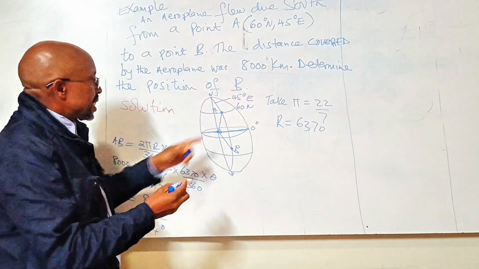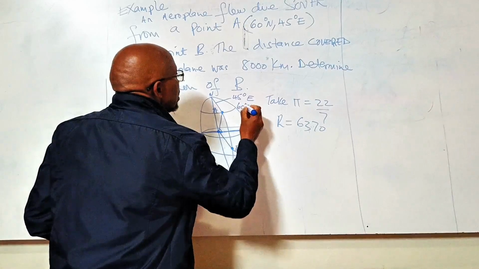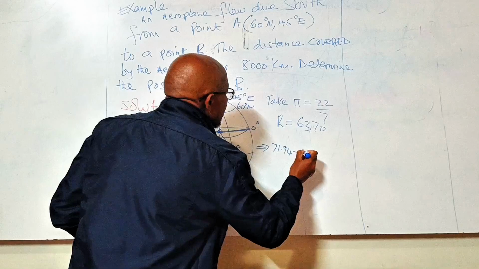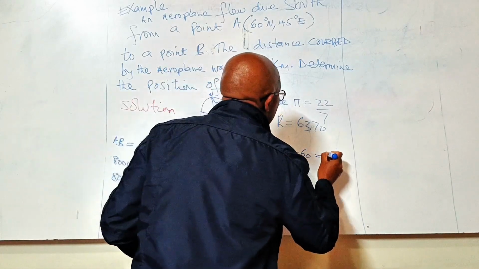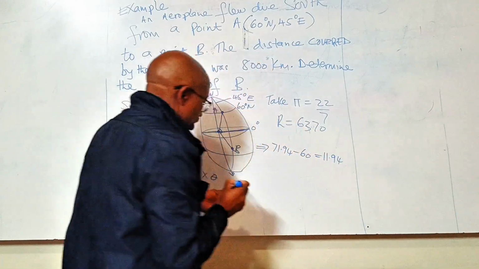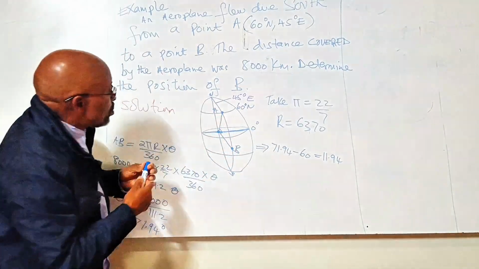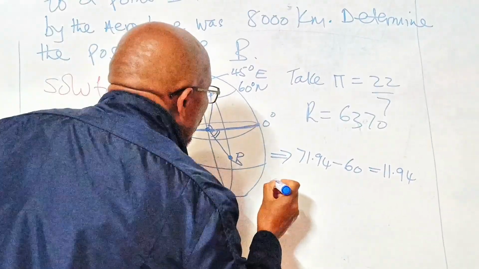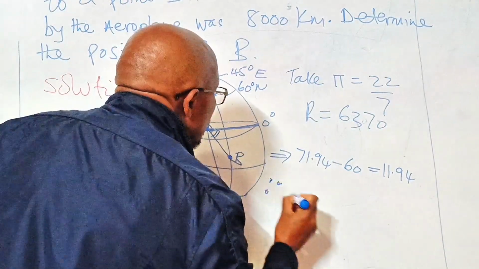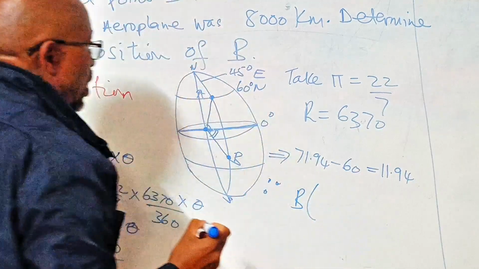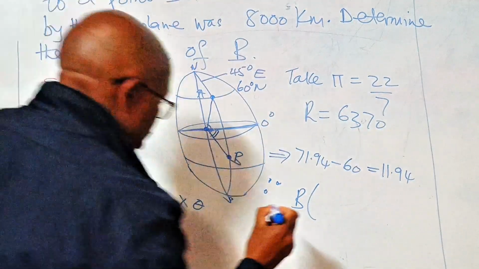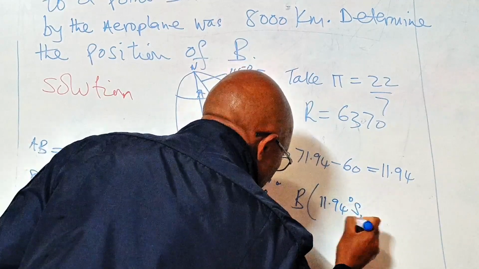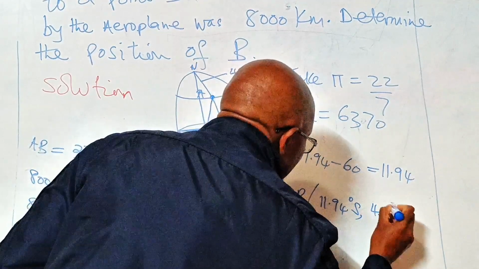So we need to subtract 60 degrees from 71.94, we get 11.94. 11.94 degrees is the degree that is below the equator. And therefore, position of B will be 11.94 degrees south, 45 degrees east.